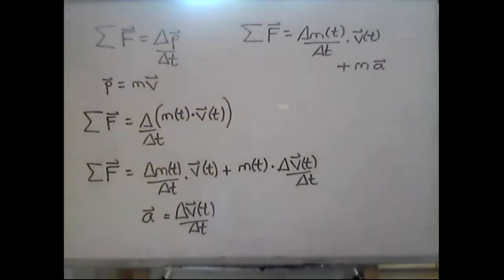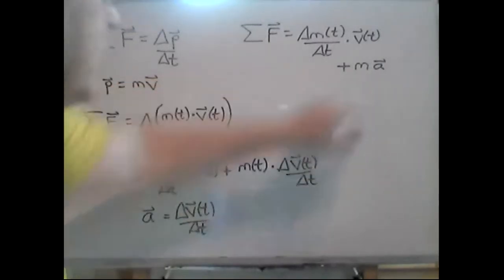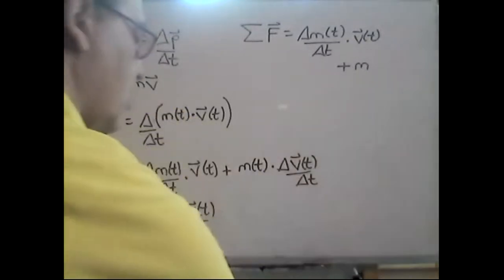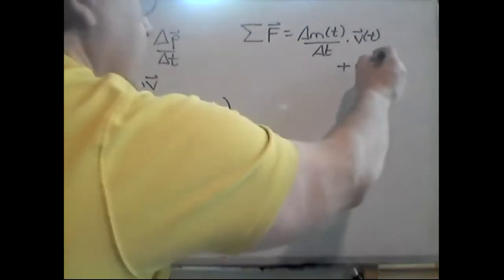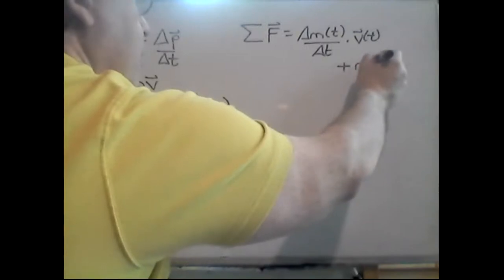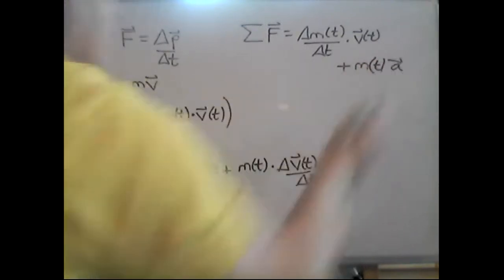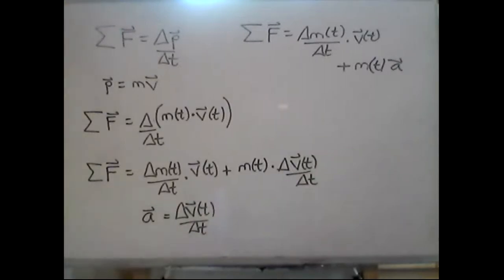All right, now, let's see here. Summation of all forces is mass times acceleration. That's what we learned a couple of chapters ago. But this is a little different now.